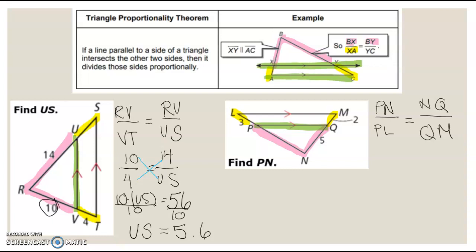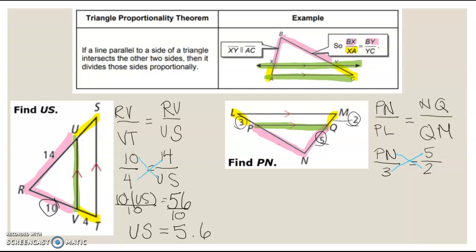Then we're going to substitute our values in. I don't know what PN is, so I'm just going to keep that PN. PL is 3, NQ is 5, and QM is 2. So again, once I have this proportion set up, I am going to cross multiply 3 times 5 and PN times 2.